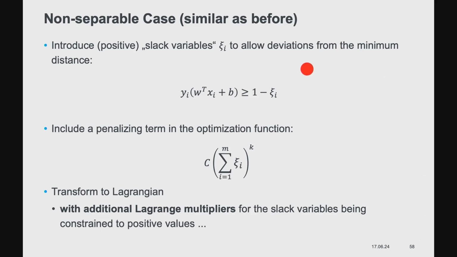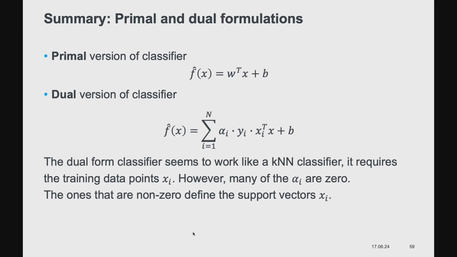And of course, one can also do this with slack variables and also transform this to the Lagrangian, and this gives you some more Lagrangian multipliers also for the slack variables, which are then constrained to positive values. So here, this is the primal version of the classifier, and this is the dual version of the classifier.